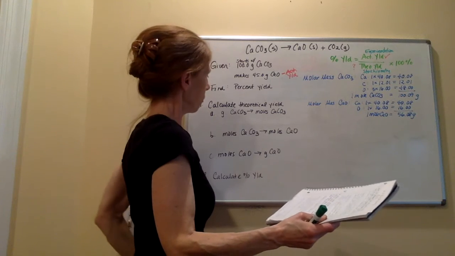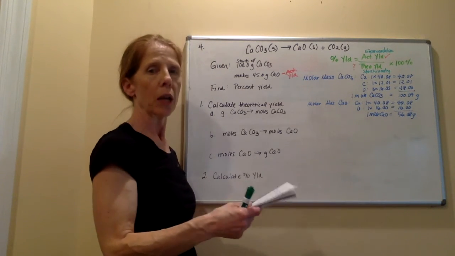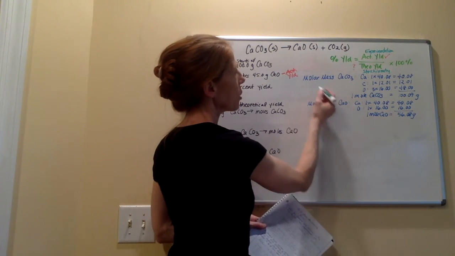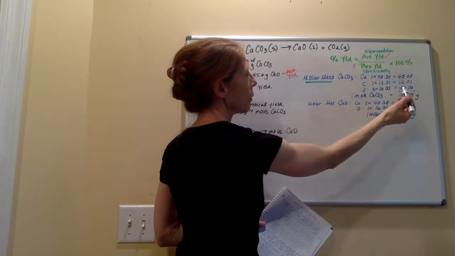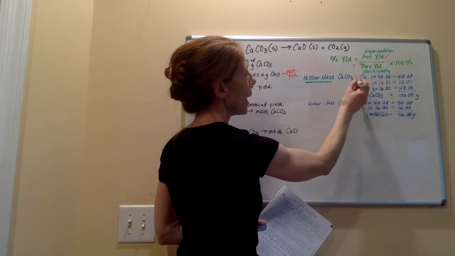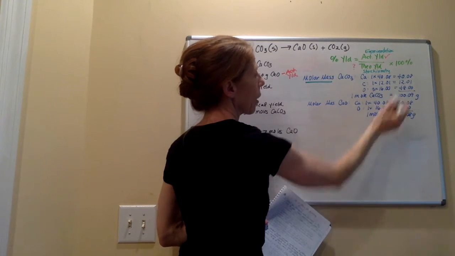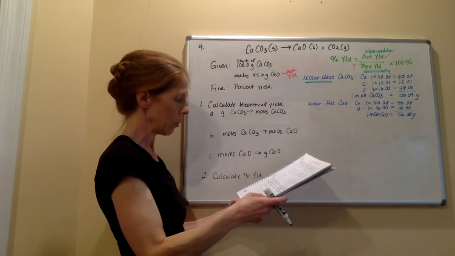I've got 100 grams of calcium carbonate. If I'm going to use stoichiometry, I've got to get that turned into moles. You can see up here that I've already determined the molar mass of calcium carbonate. I have 1 atom of calcium, 1 atom of carbon, and it's CO3, so I've got 3 atoms of oxygen. When I add all those up, I get a molar mass of calcium carbonate of 100.09 grams.